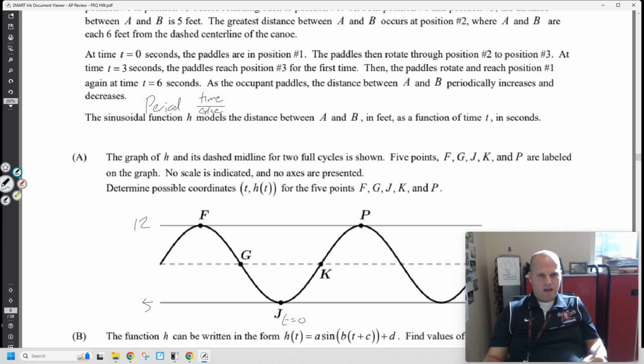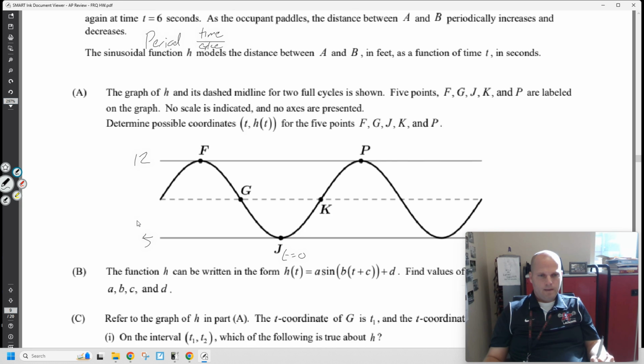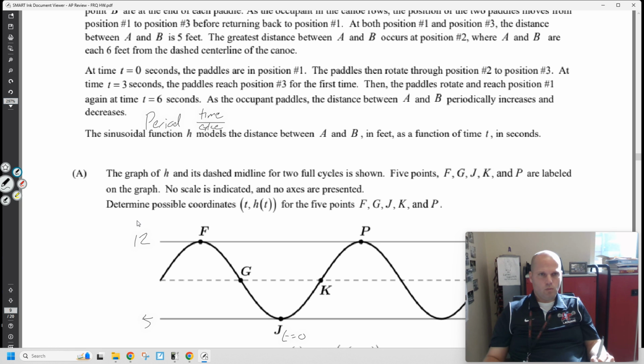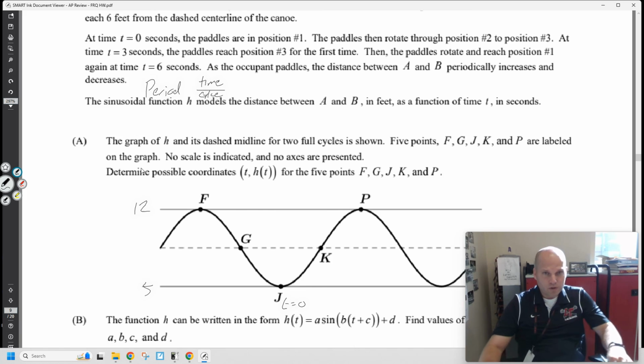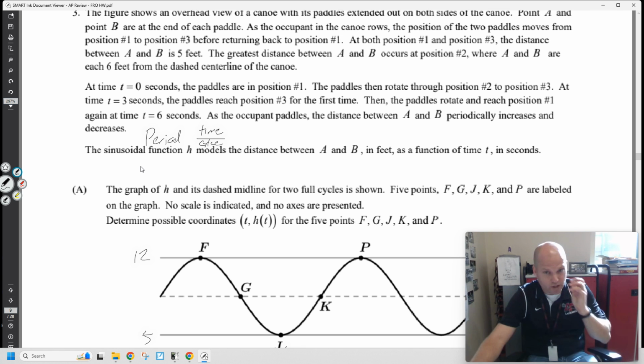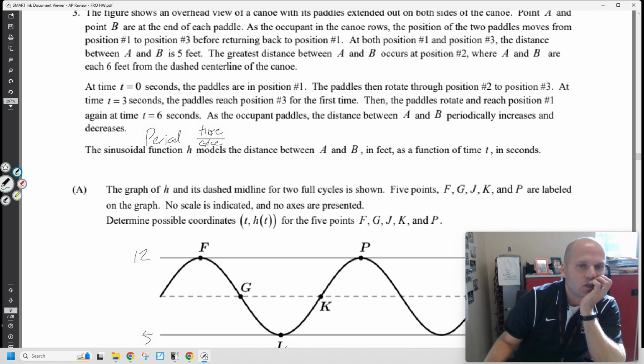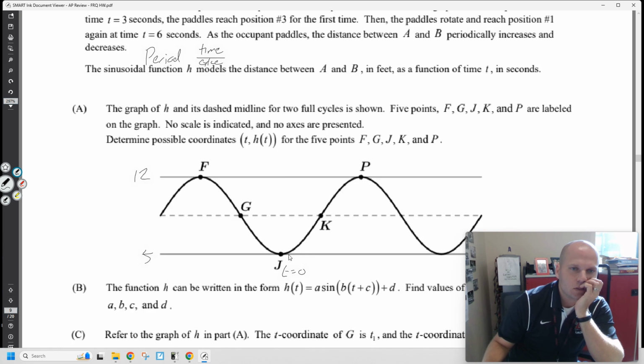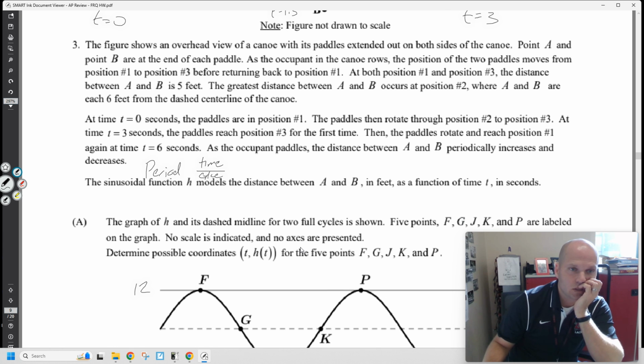The distance is a max of 12. I don't know if we did a good job explaining which points are which here, because we're starting with a minimum distance, not a maximum distance.